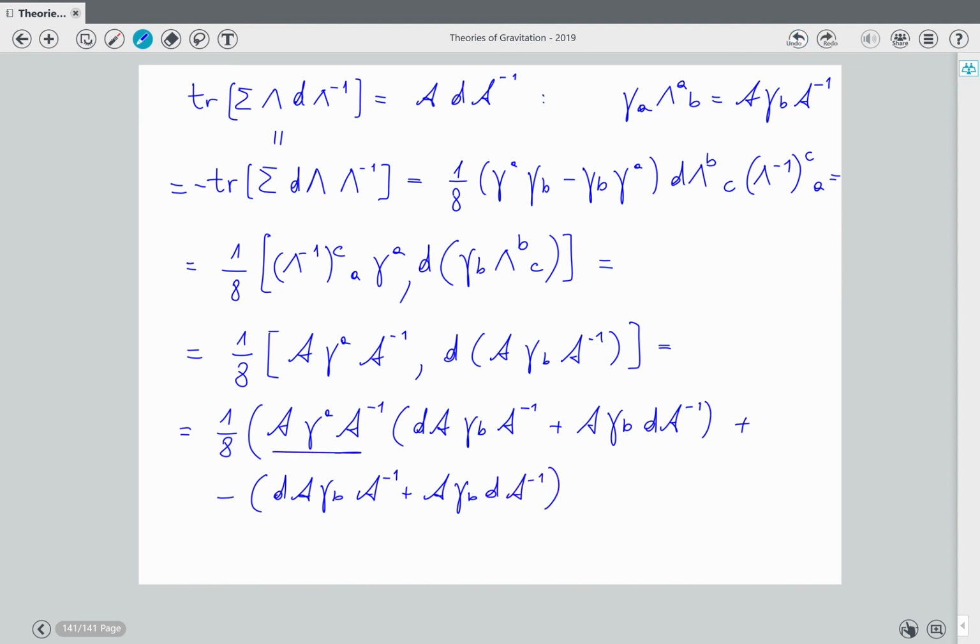And that appears to the right, curly A, gamma A, curly A to the minus 1. I will just write down the various terms. Let's check first this one and that one. So this multiplied by that, you see that A to the minus 1 go away.